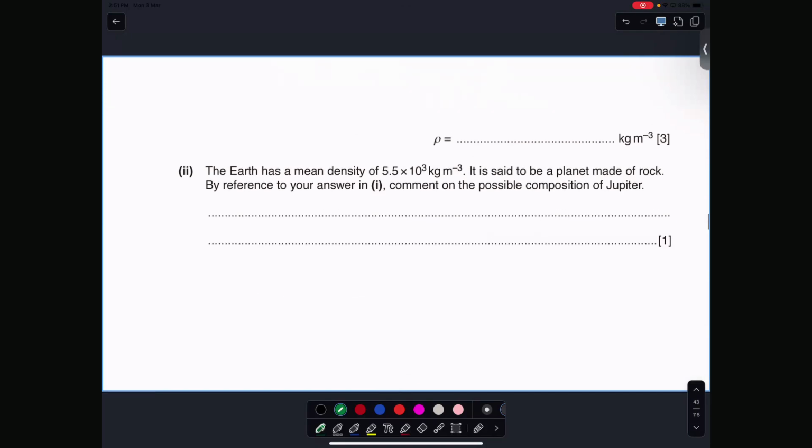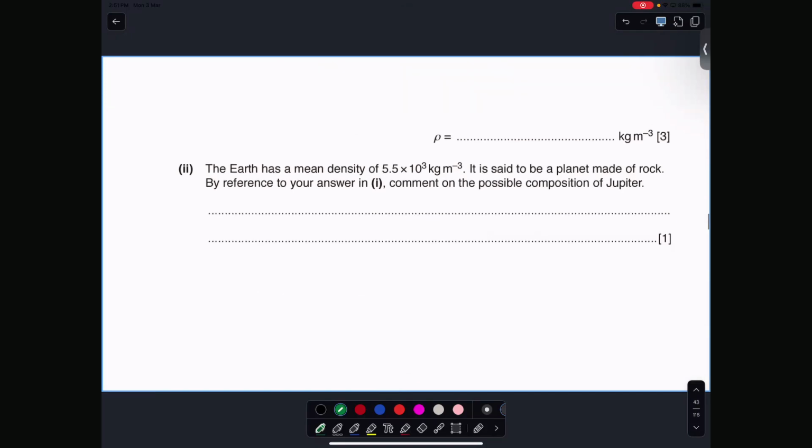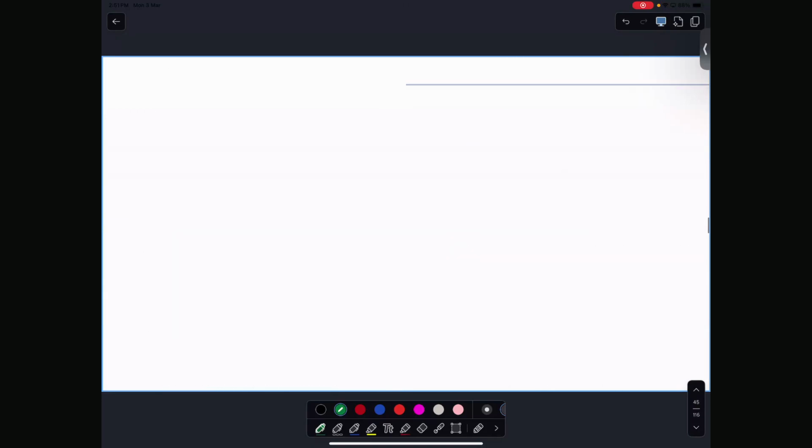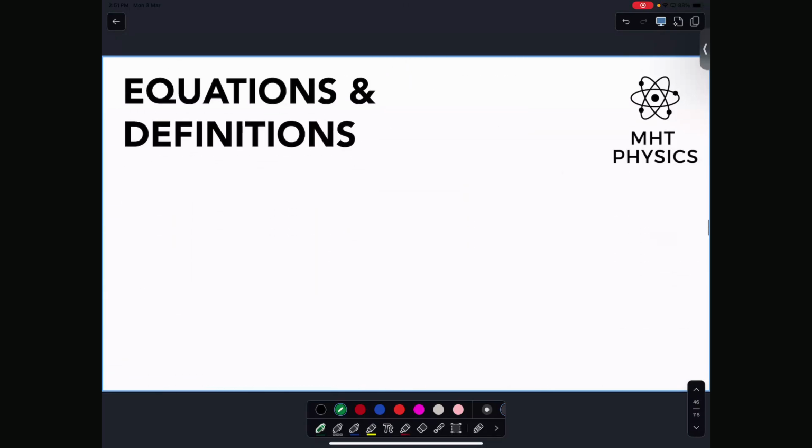I'll start thermal physics right now. So just like we did with gravitational field, we'll start with all the definitions of thermal physics.